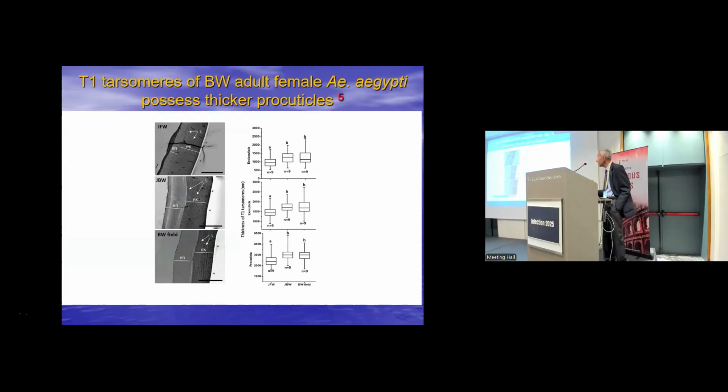We find that the cuticle, the whole procuticle, is thicker in brackish water adults. And this is looking at the legs, the T1 tarsomeres. And this is the part of the adult mosquito that actually contacts treated bed nets, for example. So that's where the insecticide, the adulticides, like pyrethroids, would act.